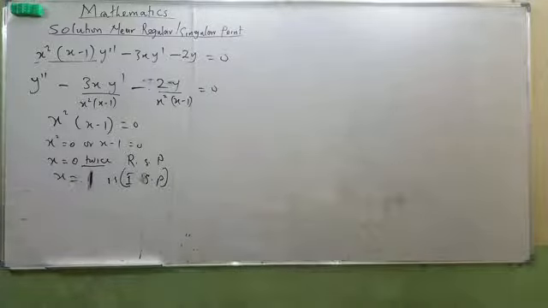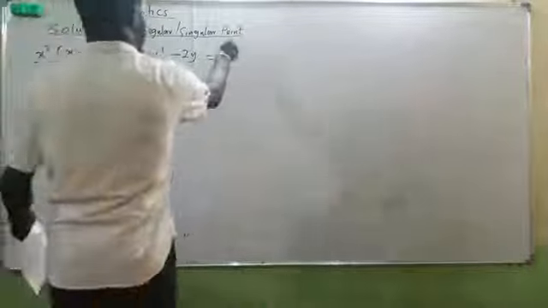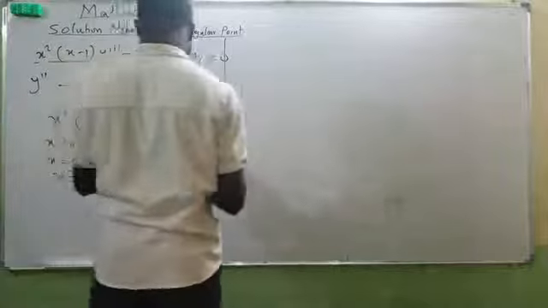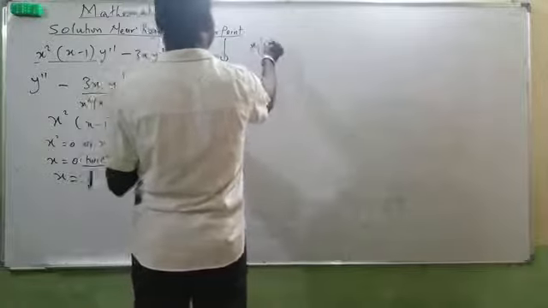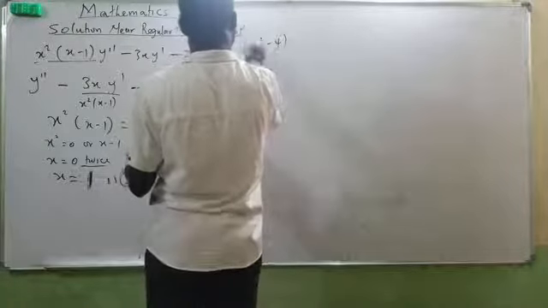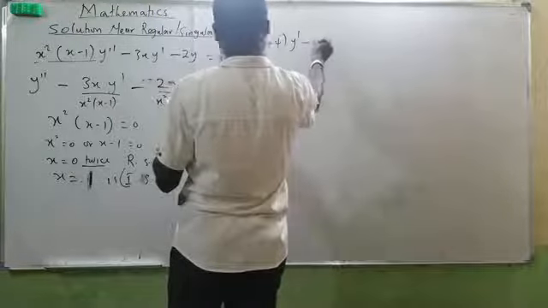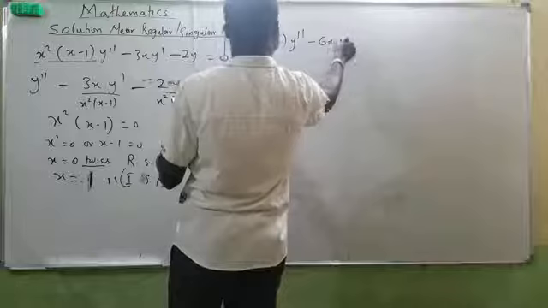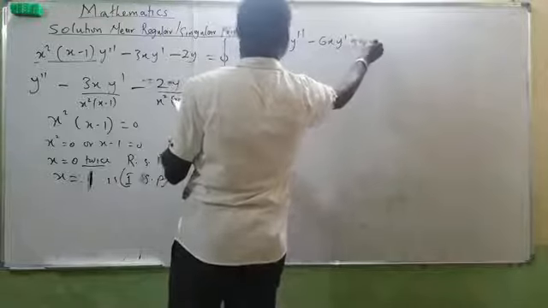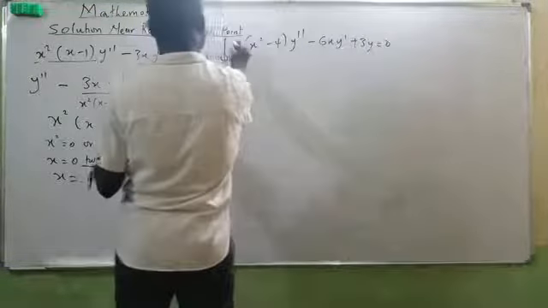Now let me try to show another example. Okay, look at this problem. Let me try to work on this question. Now I have this question. My x squared minus 4 bracket of y prime prime minus x y prime plus 3y equals 0. This is problem number 1.